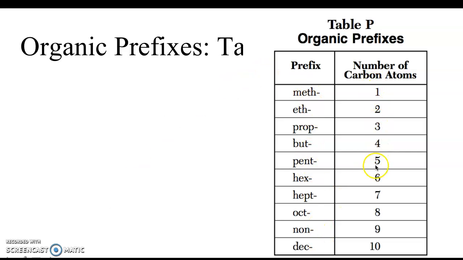It depends on the number of carbons, so you are going to need your reference table so that you can reference this. You're also going to see that you're already familiar with some of these prefixes. For example, propane, that's the gas that we use in grills. Butane, that's the gas found in lighters. Octane, you might see that word on a gas pump for your car.